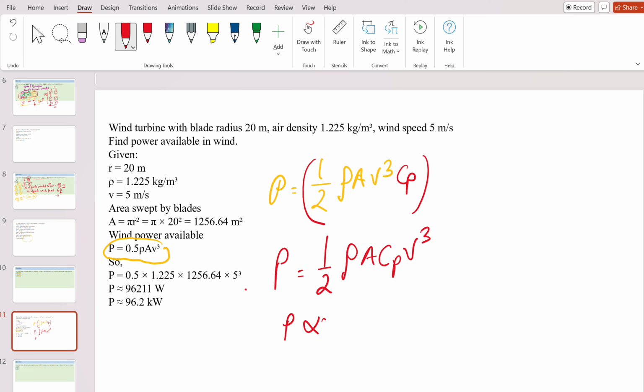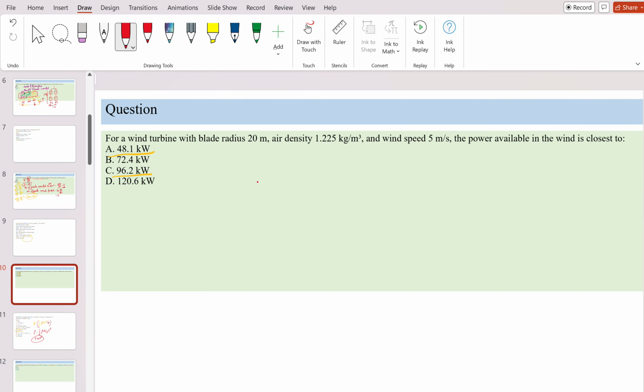Power is proportional to V cube. But here the Cp term is not given. You can consider Cp as 1. Then calculating, half multiplied by rho. Rho is given as 1.225 kilogram per meter cube. Half rho, Cp is 1.